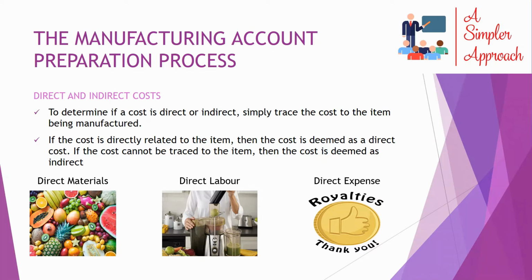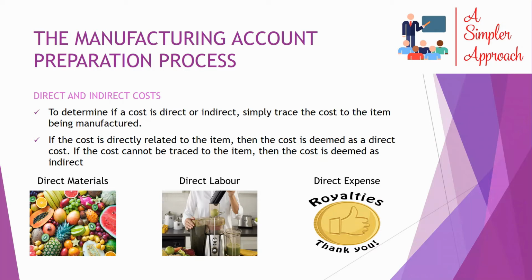Now, the owner of the smoothie shop obtained the recipe from the owner and used it to make money. Now, when you obtain someone's intellectual property, you pay something that is called royalties. Now, the paying of royalties is a direct expense because it is directly linked to the item. Without the recipe, the item can't be made.